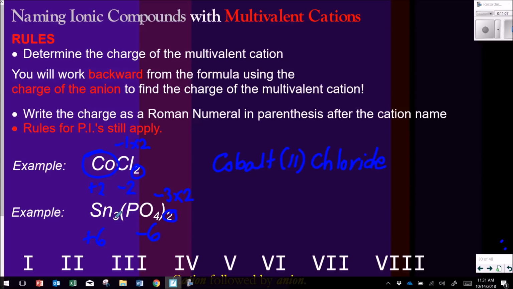But this time I have 3 tin ions on the cation side, so each tin has to have +6 divided by 3, which gives me a charge of 2 for each tin ion. So my final name is tin(II) phosphate.